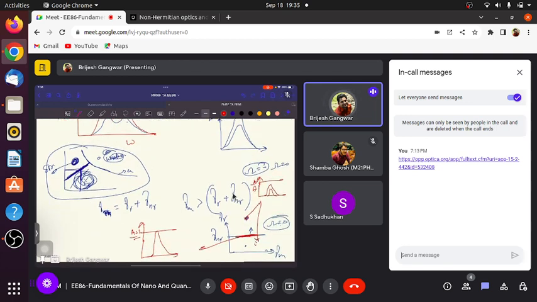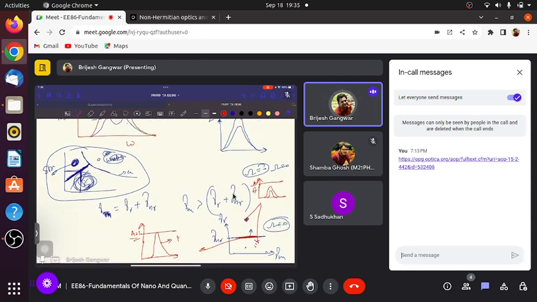See, in this region we talk about the Purcell factor. We calculate the enhancement of the Purcell factor, whatever it is. The Purcell factor is directly proportional to the Q factor and inversely proportional to the mode volume, and something like lambda to the power q.